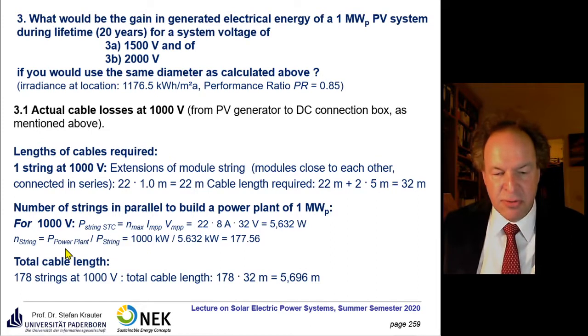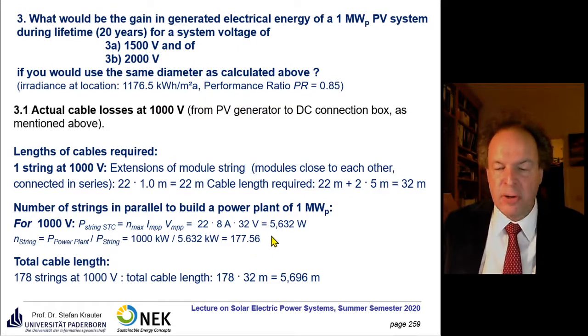The number of strings is the power of the power plant divided by the power of a string. So it's 1 megawatt or 1000 kilowatts divided by 5.632 kilowatts. That's 177.57 strings. But we want to have at least 1 megawatt, so we have to round up. So it's 178 strings we need there.